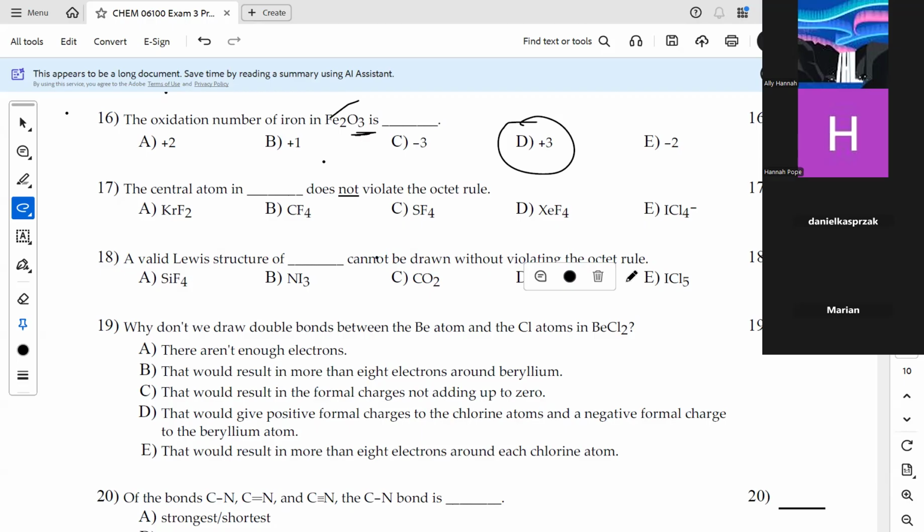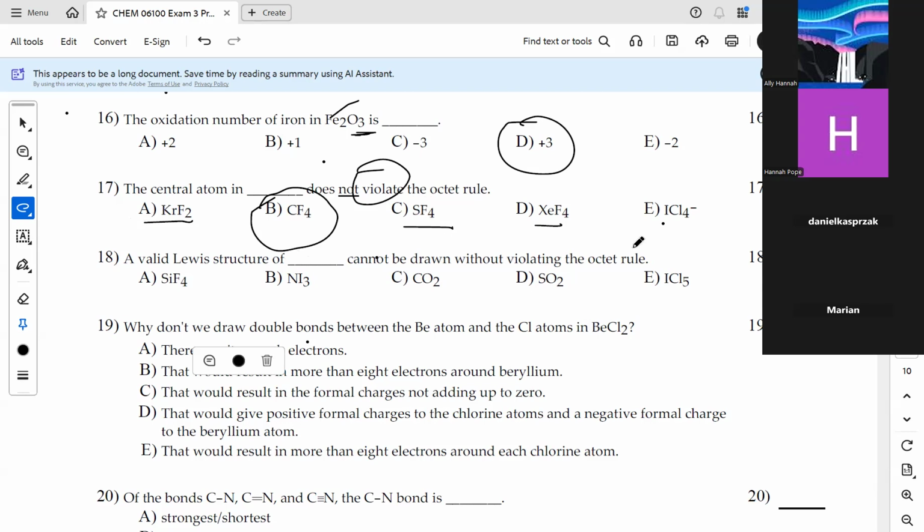Let's see here. So the central atom in... I will give you guys the correct answer and explain why. Carbon cannot do the expanded octet. So I would start with this and do this Lewis structure first when I'm asked about octet violations, because I know that all of these central atoms can accommodate more than an octet because they're in period 3 or below.